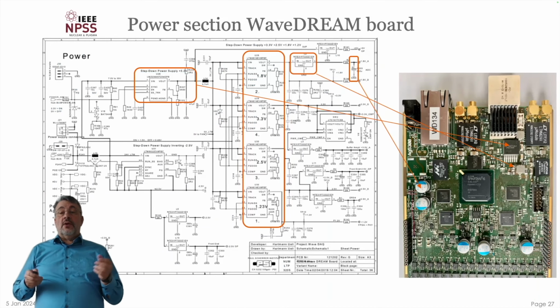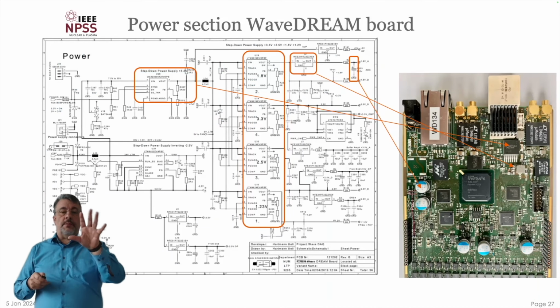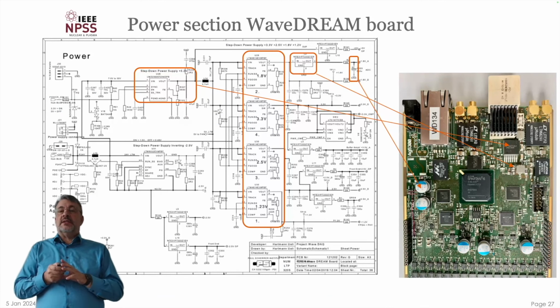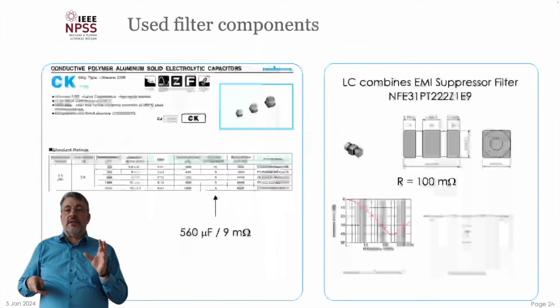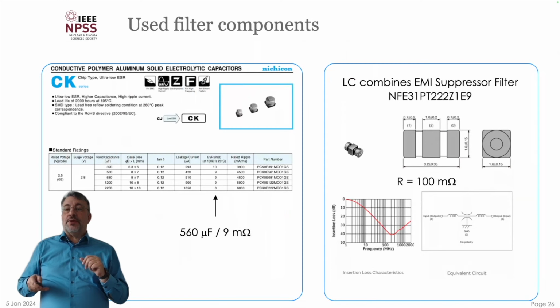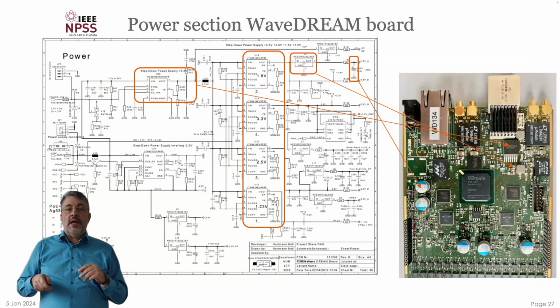Okay, that's the overall picture and a part of the schematics of the WaveDream board, which we use in the MEG experiment. And you can see here this low ESR capacitor. This is the suppressor, the EMI suppressor filter, which I showed you here. And you have here actually even the switching power supply, the switching regulator on the PCB.